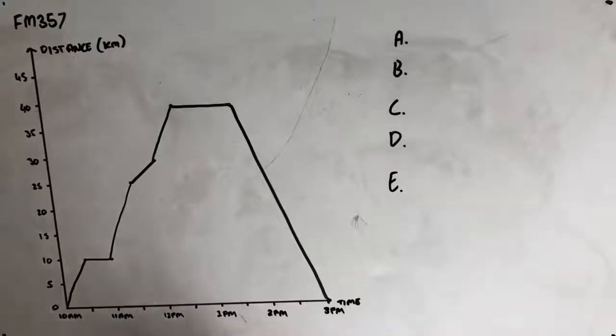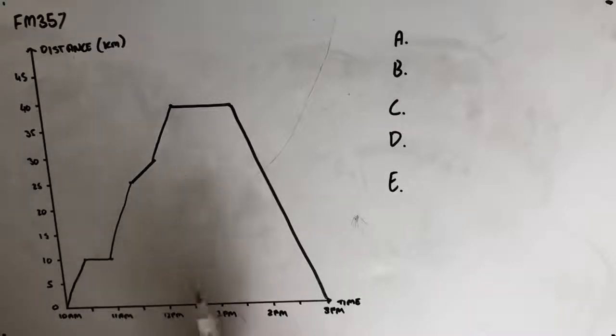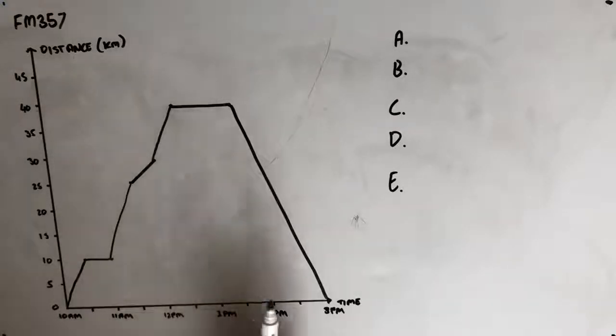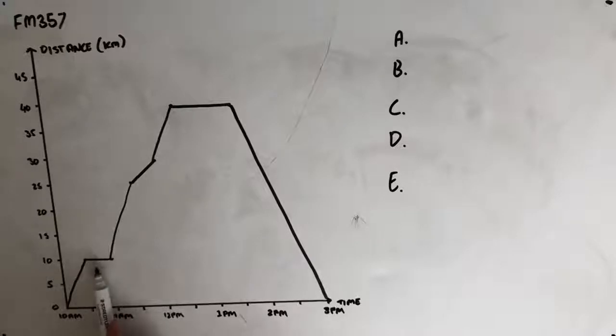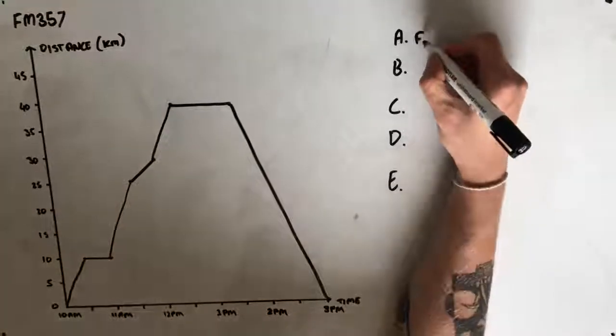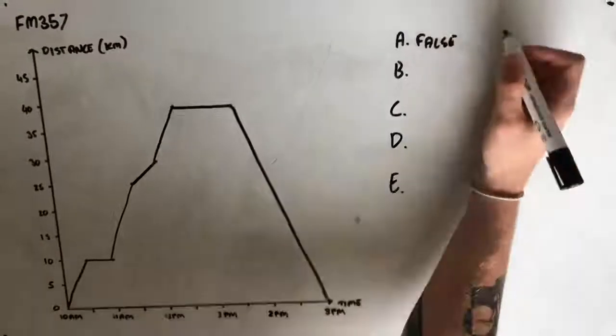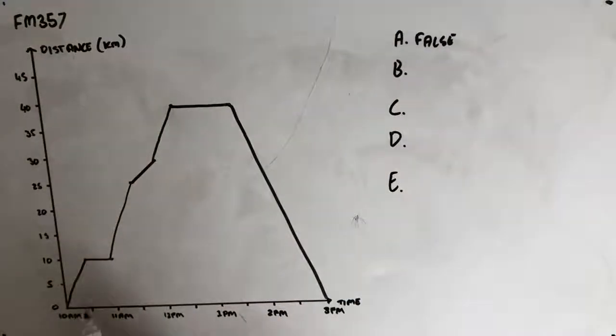So statement A says Christian is getting closer to his home between 10:30 and 11 a.m. So this is the interval that we're looking at here, 10:30 and 11 a.m. We mark A as false because this graph is mapping the change in Christian's distance compared to time.